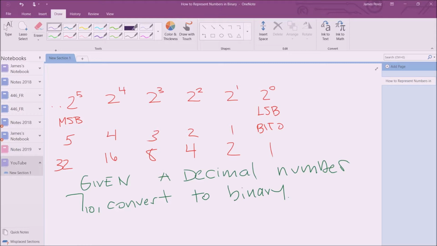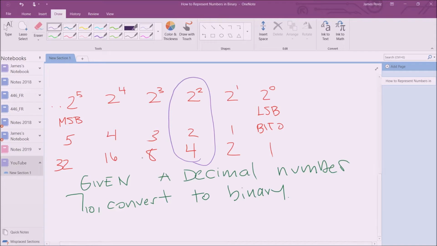So for example, I said 7, right? So bit position 2, you can represent it because it has a 4. And you can't use bit position 3 because it's 8.